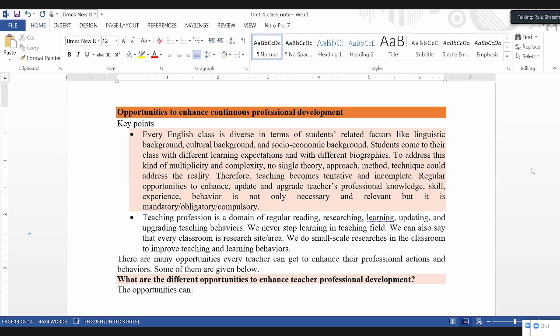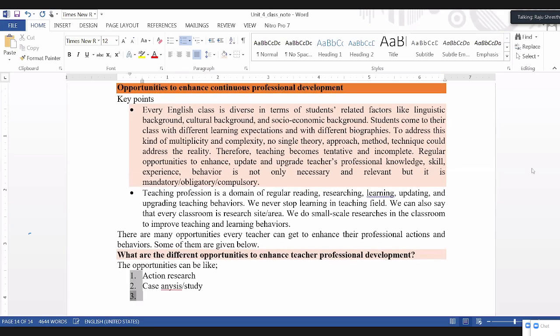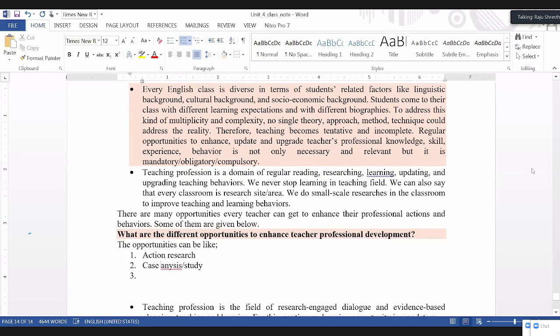The opportunities can be like action research. अब फेरि action research चाहिँ आउँछ, action research then case analysis or study, case study पनि भन्छ, case analysis पनि भन्छ हैन. Then mentoring. Mentoring is another opportunity we provide to the teachers to enhance their professional development.